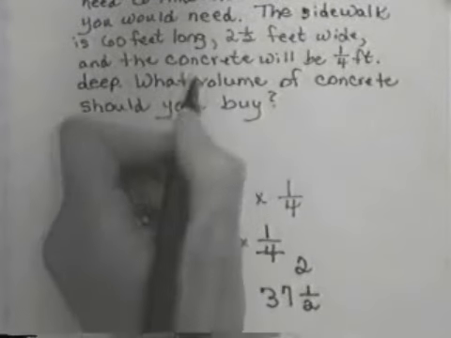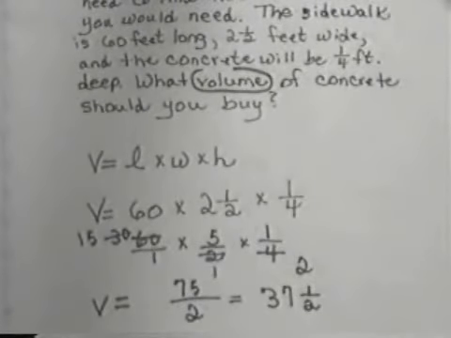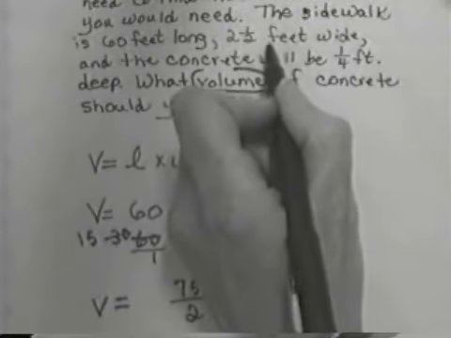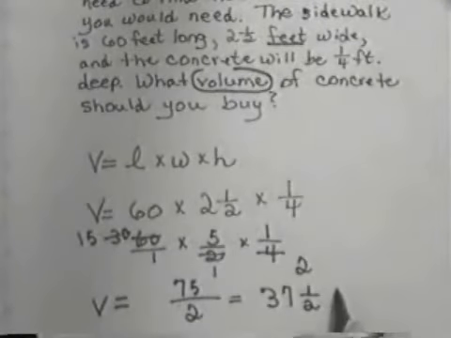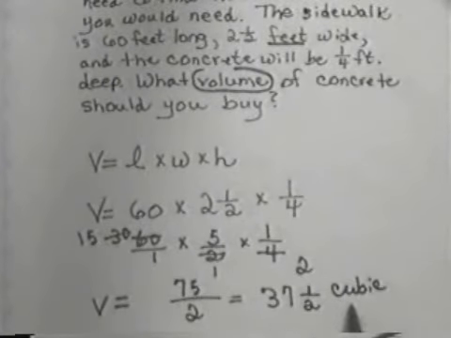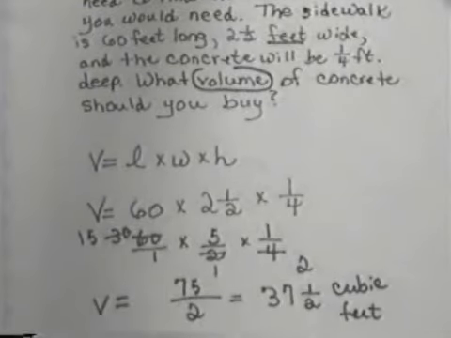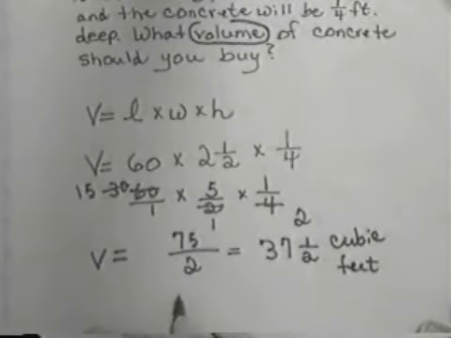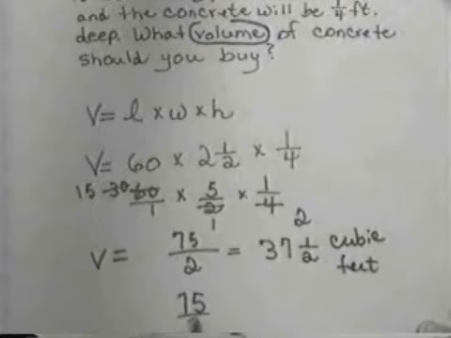Now we're finding the volume of concrete. Anytime we're finding volume, we're working with cubic units. Our unit was foot, so it's going to be 37.5 cubic feet. Or we could just leave it 75/2 cubic feet.